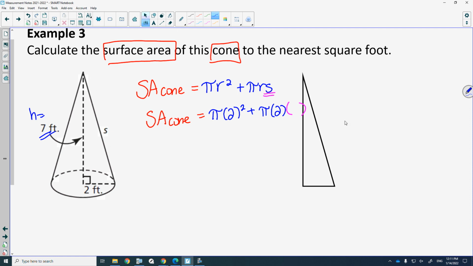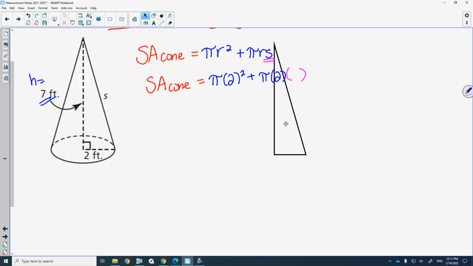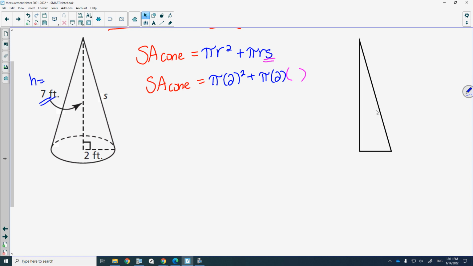So what you need to be able to visualize is that there's actually a triangle within this cone. So the base of the triangle is 2. The height of the triangle is 7. And because it's a right angle triangle, we could do Pythagorean's theorem to figure out what the slant height is. So this is 7. This is 2. It's a 90-degree triangle. We know that across from the 90-degree angle is the hypotenuse, but that would be C for Pythagorean's theorem.